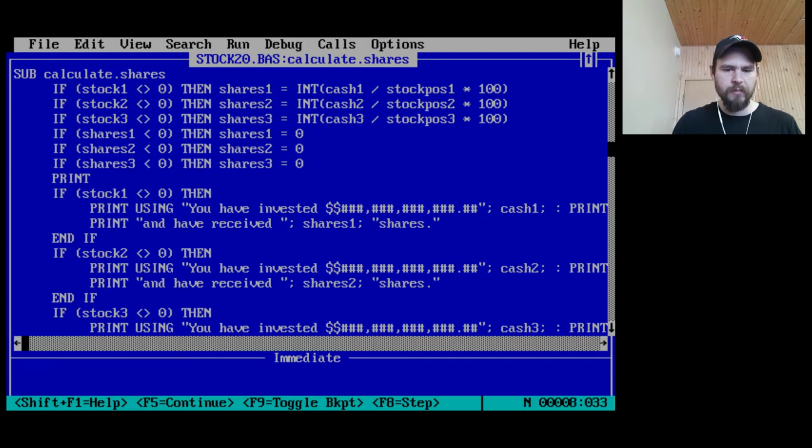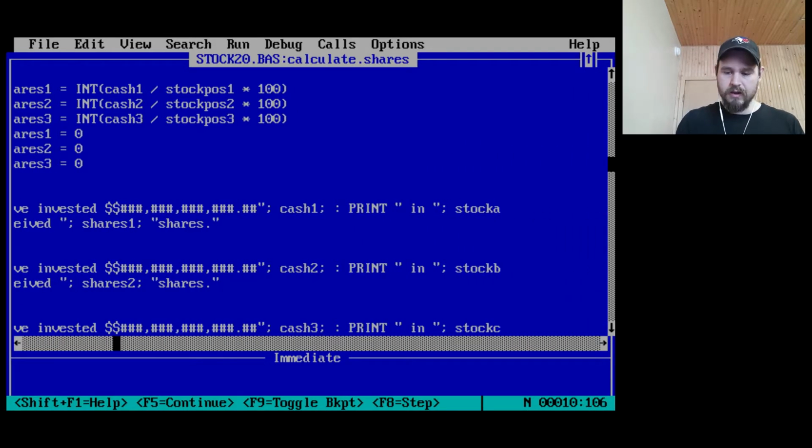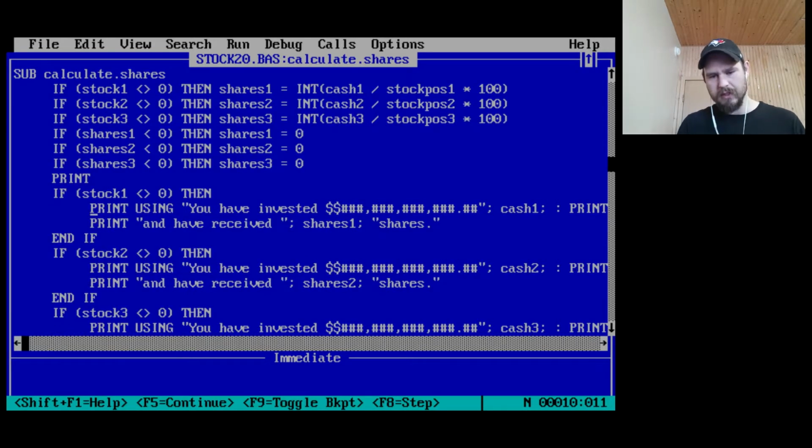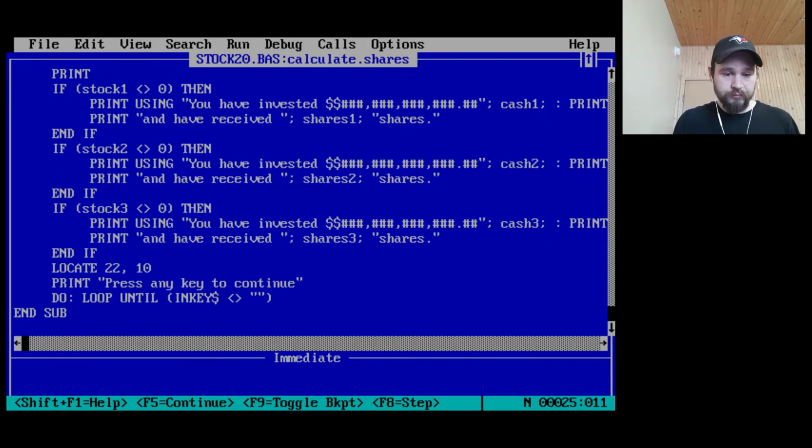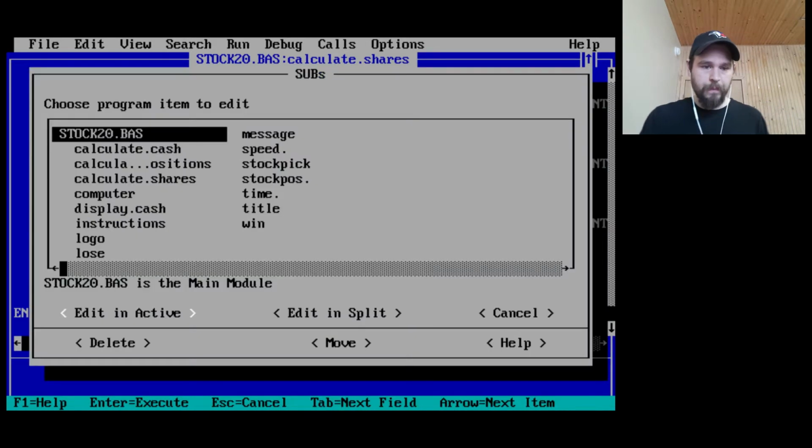They'll be set to 0. Okay, so if you've chosen stock 1, then it says you have invested this much money in stock. Remember, stock A is the name, and have received this many shares. And similarly, all 3 of them. Okay.